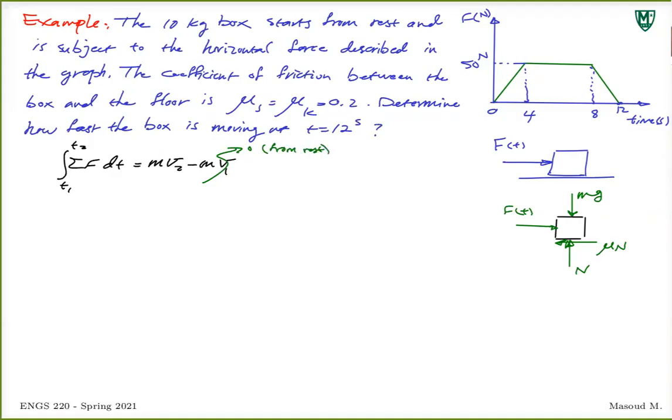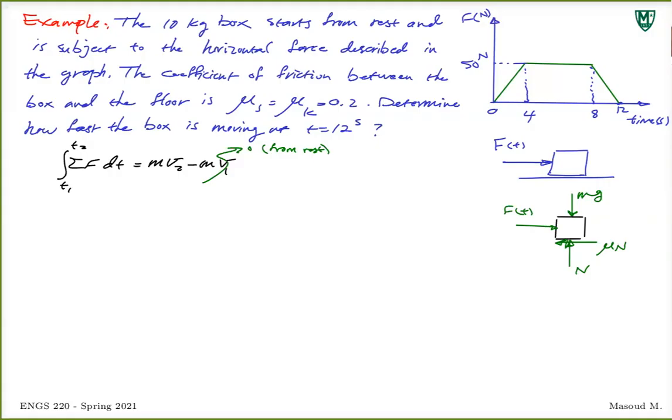That we can agree on. There's no argument there, hopefully. Now, if I write the integral equation from 0 to 12 seconds, the first thought that comes to mind is to just calculate the summation of forces from T1 to T2, and then it's pretty straightforward. You can find the velocity V2.